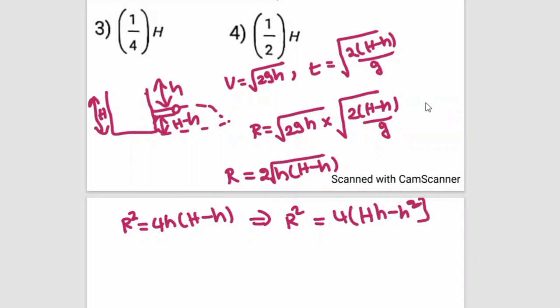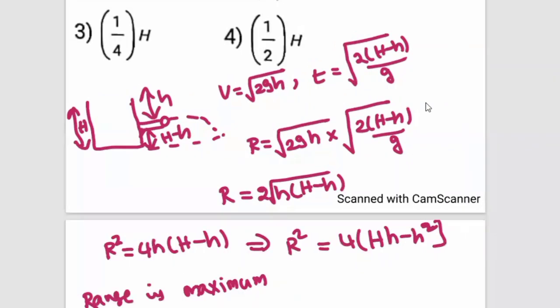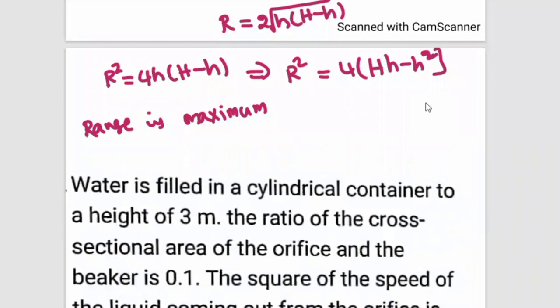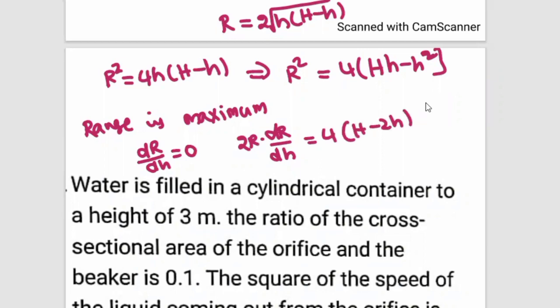The range is maximum, so you can write dr by dh is equal to 0. If you differentiate it, 2r into dr by dh is equal to 4 into (H minus 2 into small h).